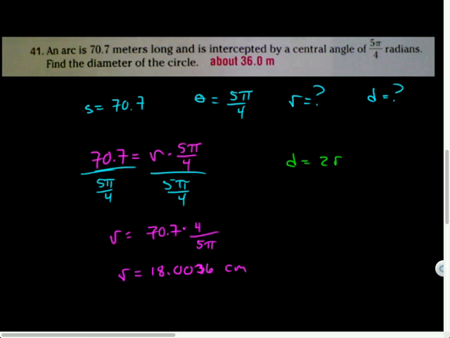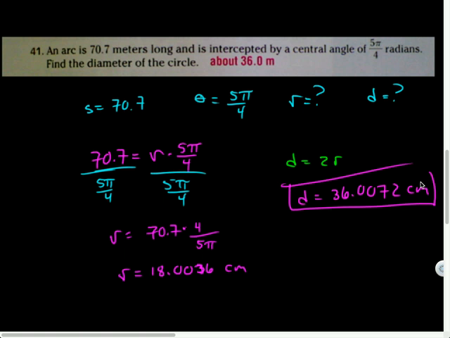So double it. 18 times 2, I get 36.0072 centimeters is the diameter of a circle whose arc length of that radian measure was 70.7 meters. Actually, nope, those aren't centimeters, those are meters.